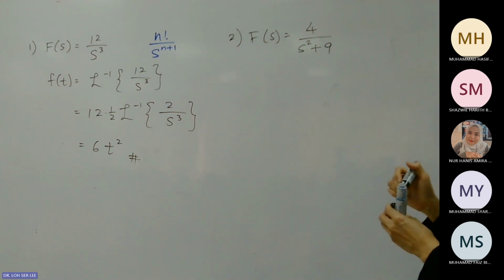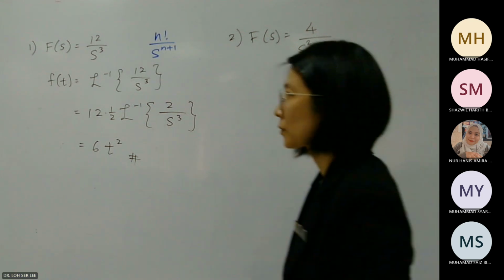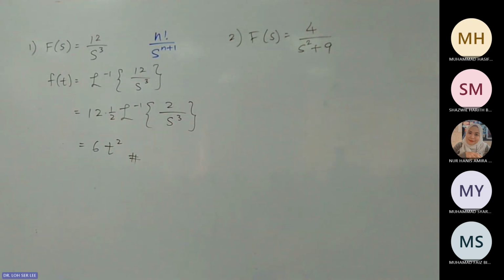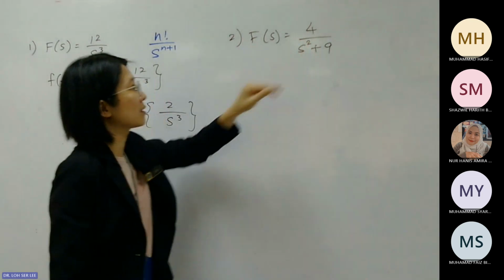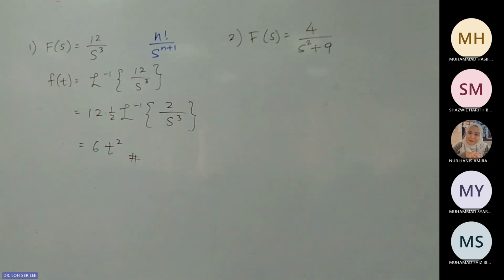Okay, question number 2, which formula? Because s squared plus, that means you have only these 2 choices, s squared plus either cos or sine.